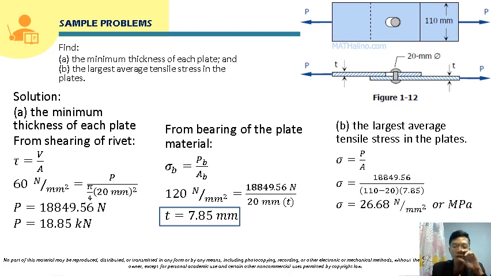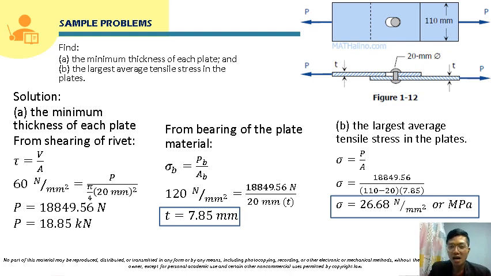So the stress here will be 26.68 Newton per millimeter squared, or megapascal. This will now be the largest average tensile stress in the plate. So this will now be the answer for item B. Okay, so these will now be the answers for this problem.